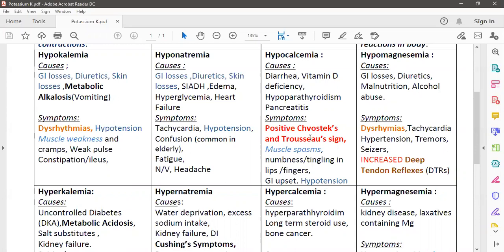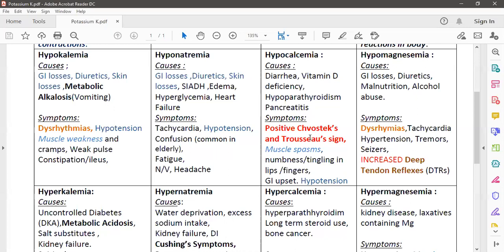So let me recap it for you. If the patient develops numbness or tingling of the extremities or tingling around the lips or mouth, or muscle tremor, cramping, tetany, cardiac dysrhythmia, positive Chvostek sign, positive Trousseau sign, or confusion, all of them indicate my patient has a low calcium level.